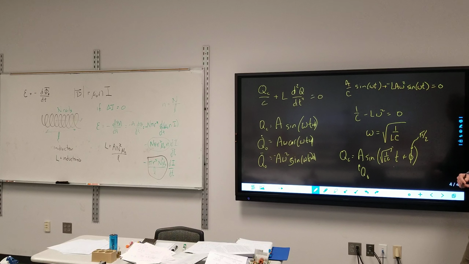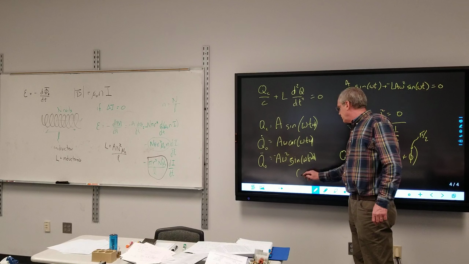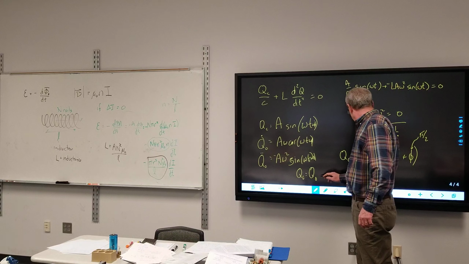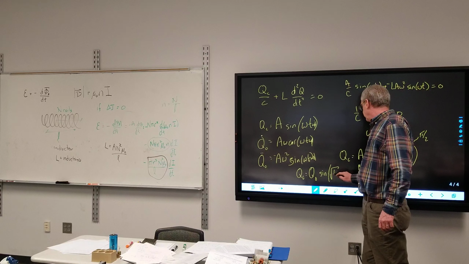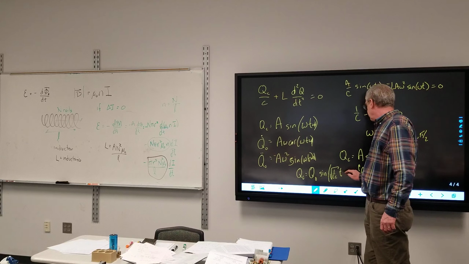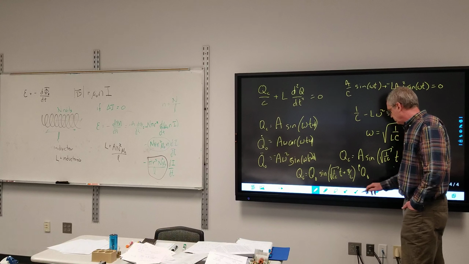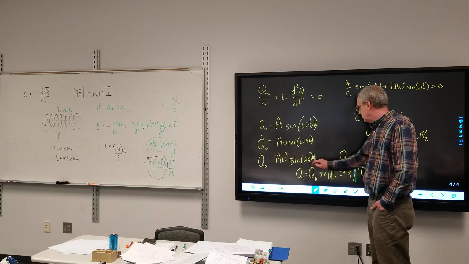And so we now have a function which can describe it. Therefore, we end up with Q_C equals whatever that maximum initial charge is times the sine of the square root of 1 over LC times time plus pi over 2.